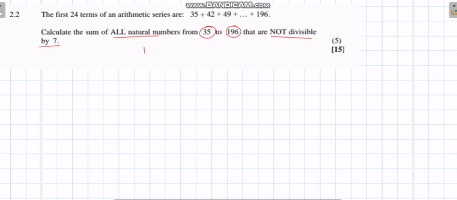So first thing, from 35 to 196, we should identify numbers which are divisible by 7, calculate their sum, then subtract from the sum of natural numbers from 35 to 196. But if you check down, they've already given us the numbers which are divisible by 7. So now let's calculate their sum. They said it's arithmetic.